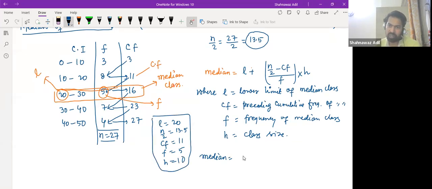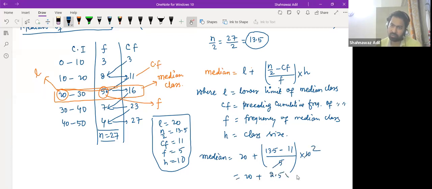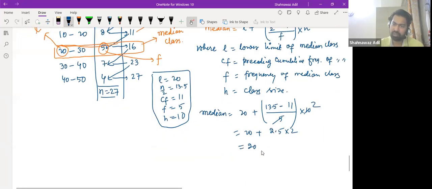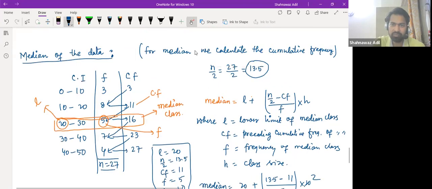So median would be L plus 13.5 minus 11 divided by 5 into 10. So this is 20 plus, this is how much? 2.5, and then this is 2, so into 2. So this would be 20 plus 5, so 25. Any doubt in this part, Rifa?